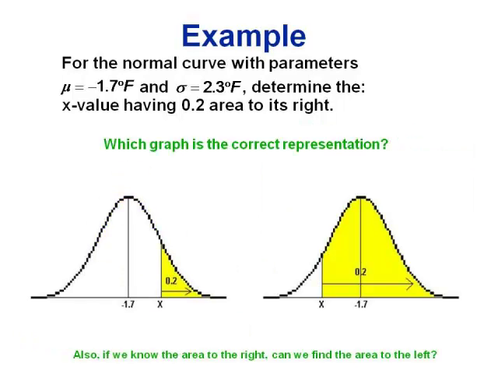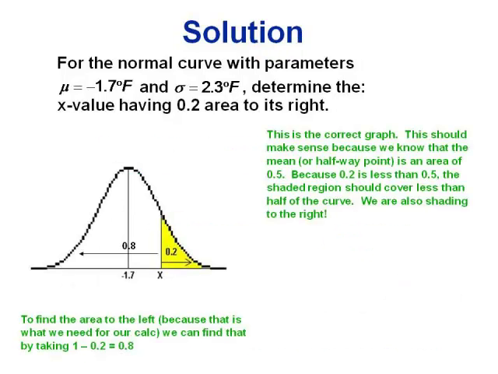All right, so what if we want 20% to be to the right? Which picture then? Well, that's telling us we just want a little bit to the right of the cutoff that we're looking for. So my picture would come over just a little bit from the right, label that 20%. But again, for the actual calculation, I need to know how much that leaves to the left, because the calculator always goes from the left.